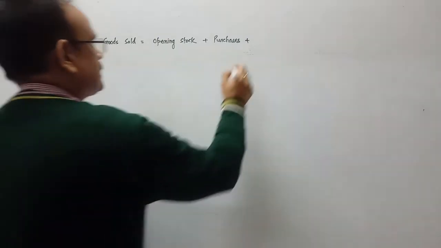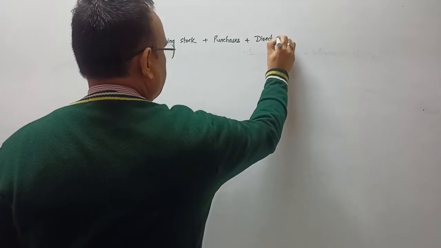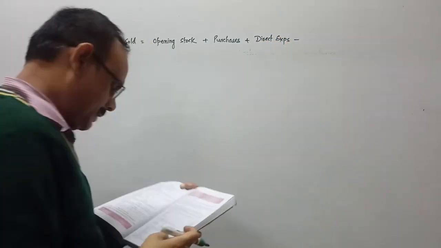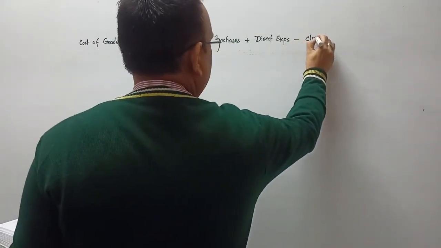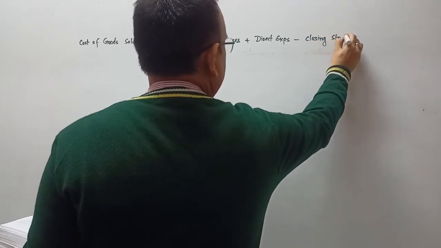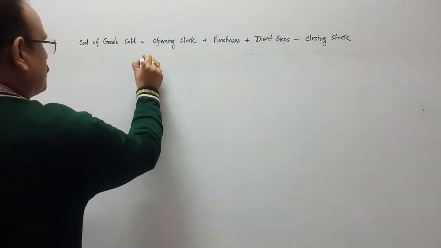The direct expense is given directly, so you write the direct expenses. Indirect expense will be in the profit and loss account. Minus closing stock. So opening stock plus purchase plus direct expense minus closing stock.